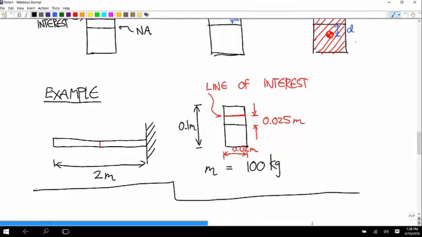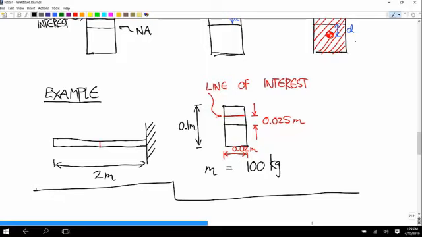So it's always the shear force is going to be biggest at the neutral axis. What if the line of interest was the top or the bottom? What would contribute to the stress at those lines? Bending moment would be at its two extreme values, but the shear force would be 0 because you'd have no area above that line or below that line.